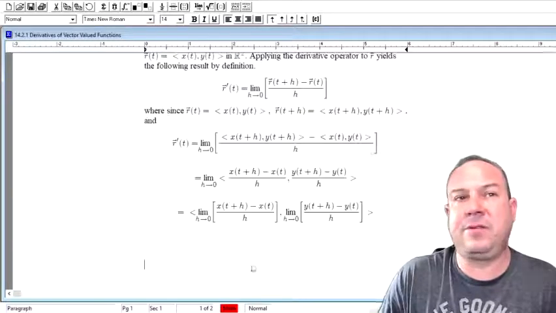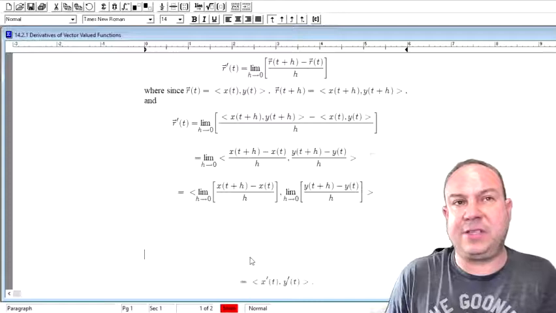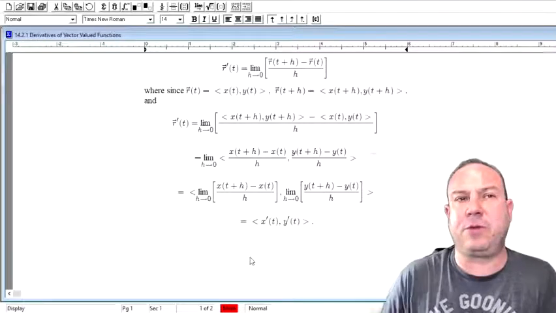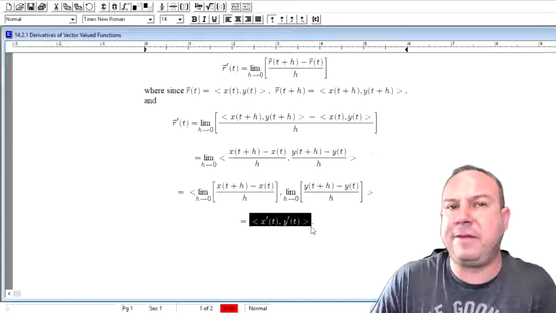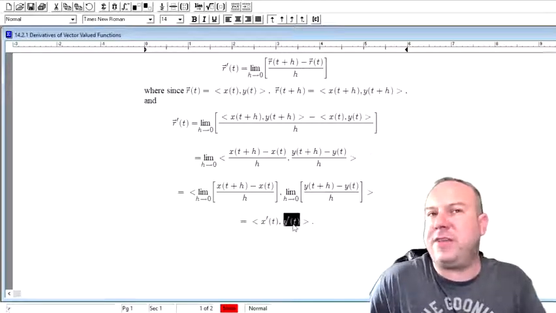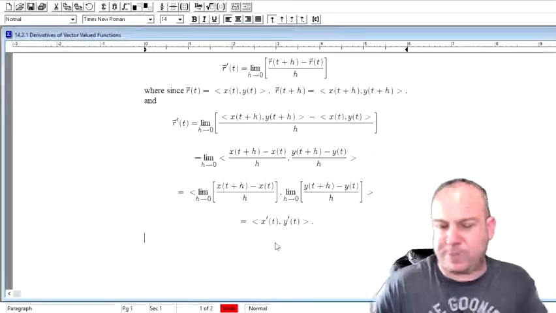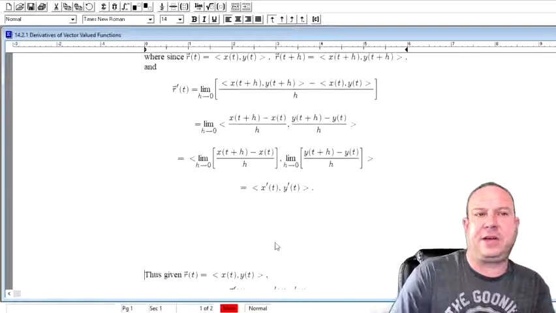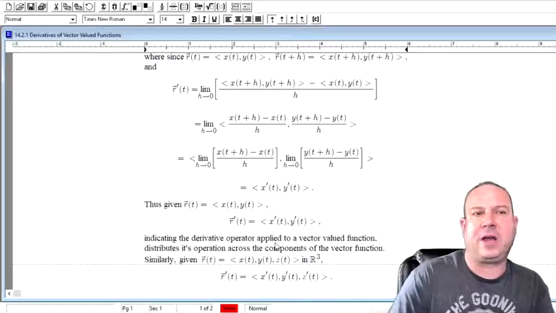Let me not go too far. And we can bring that result up into view, right? What this implies here is that really what we have then is this two-component vector given by the derivatives of the individual components. And we actually bring that together in a conclusion here, folks, right?